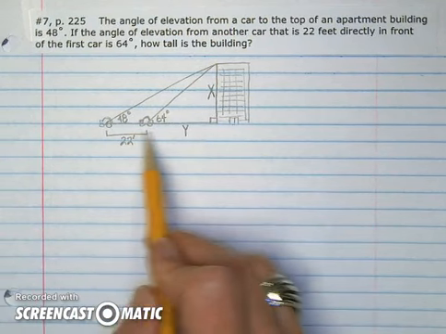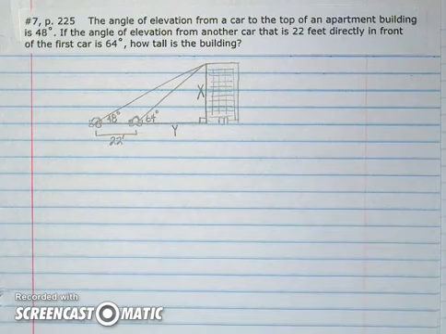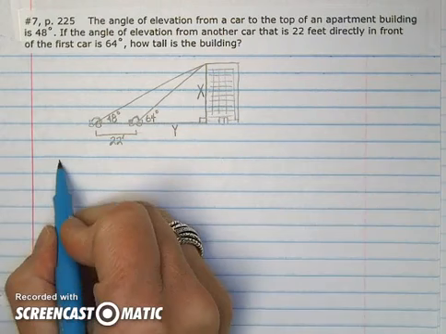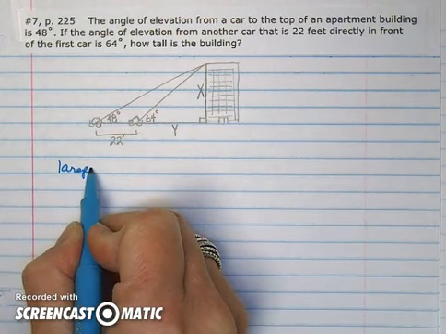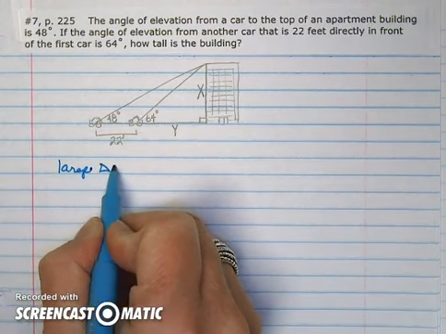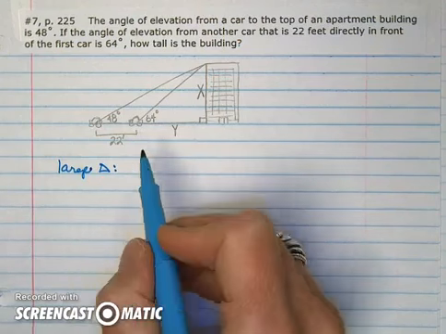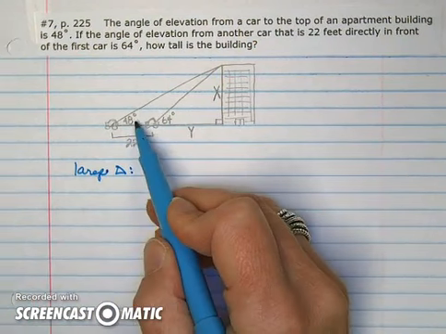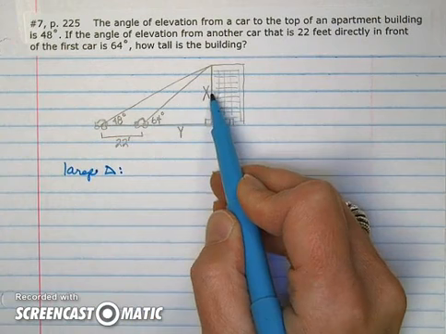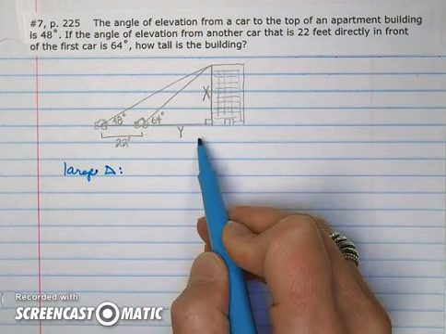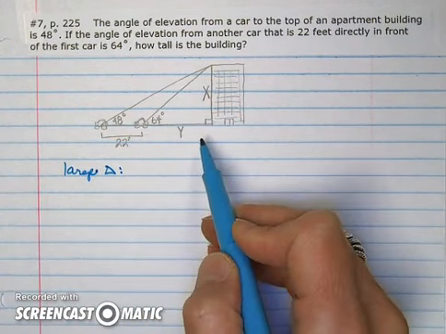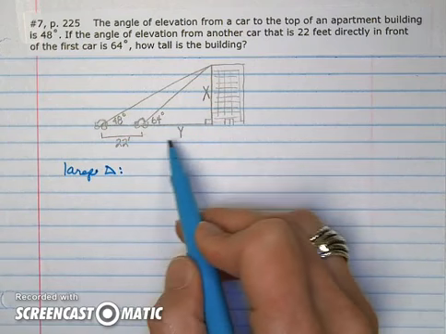Okay? So let's look at the two triangles. I have a large triangle. Let's play with that one first. The large triangle, I have this angle and I want the opposite and I have the adjacent. So the trig function that uses the opposite and the adjacent is tangent.